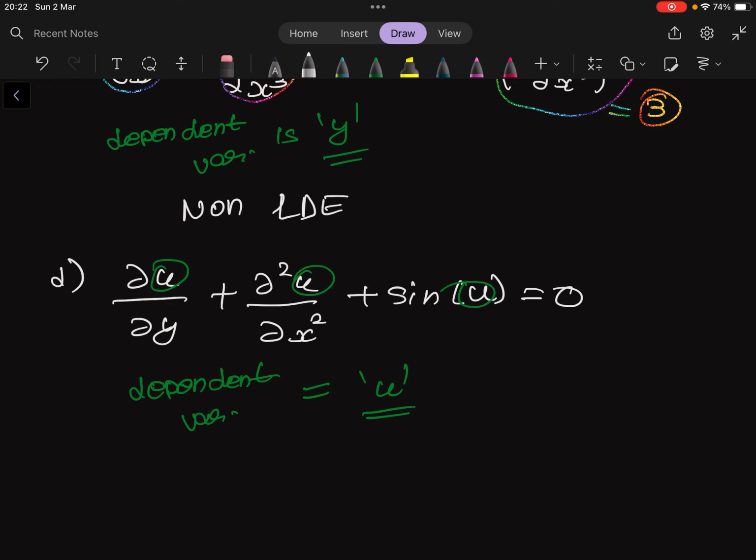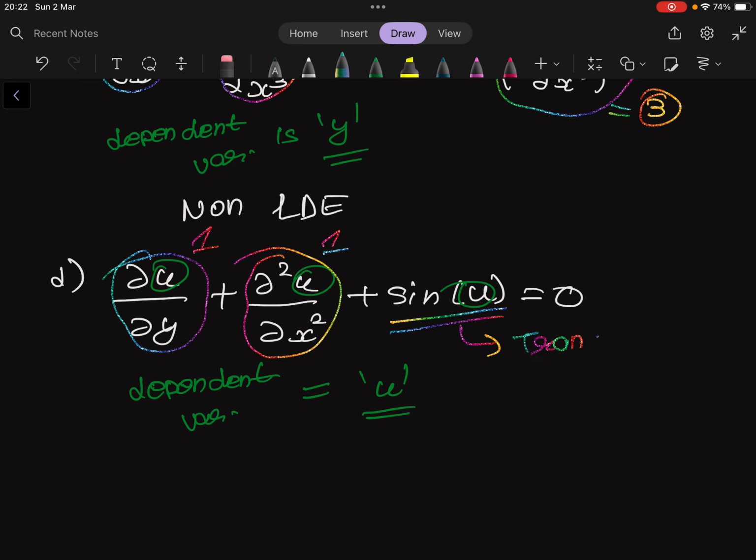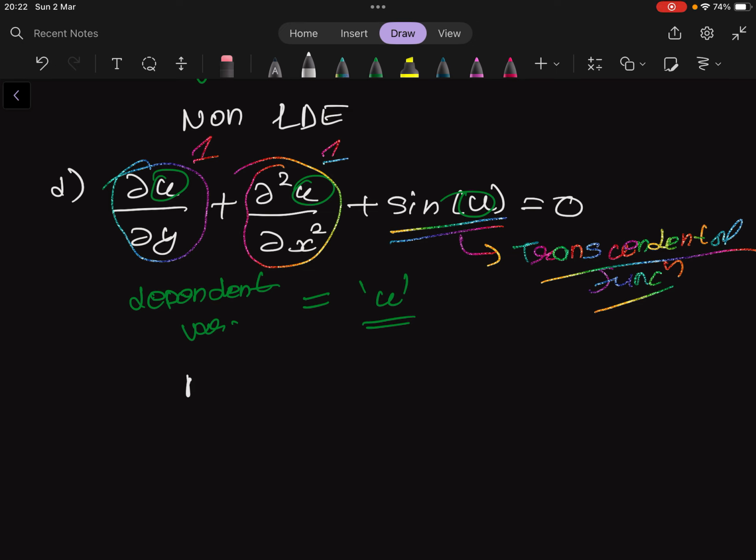Now let's find the power. The power is 1 here, and in this case also the power is 1. But this is a transcendental function, because u is the argument of a trigonometric function. A function of this form is called a transcendental function. An expression which contains a transcendental function makes it a nonlinear differential equation. So this is a nonlinear differential equation.